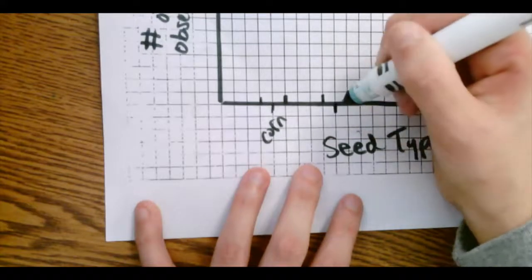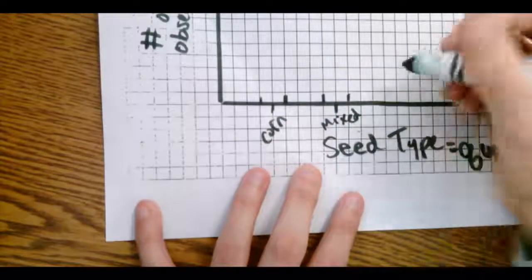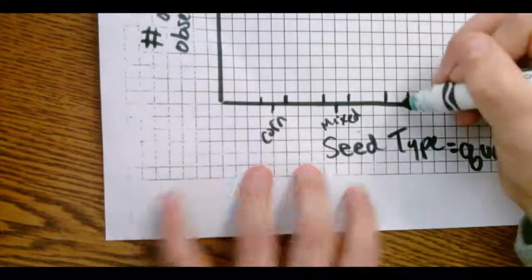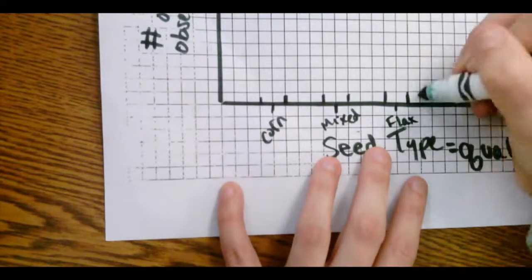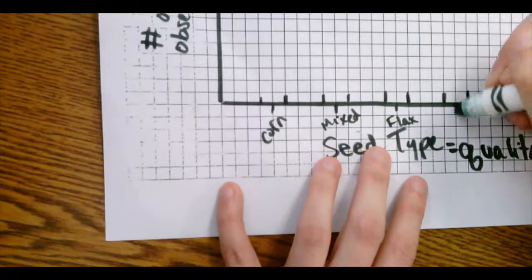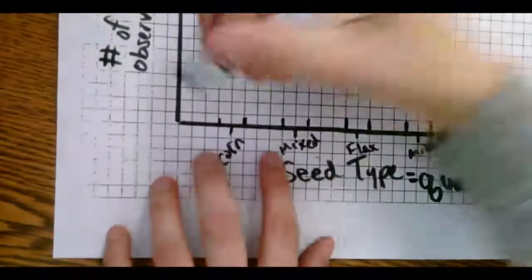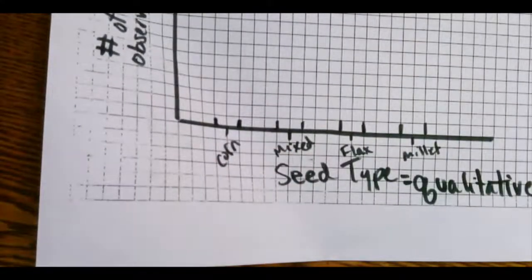And I'll say this is mixed seed. 1, 2, 3. I'll have one right here. This will be flax. And then 1, 2, 3. I'll have this one as millet. Okay? So these lines that I've drawn right here, those just represent where my bars are going to be. They're like the base of the building.